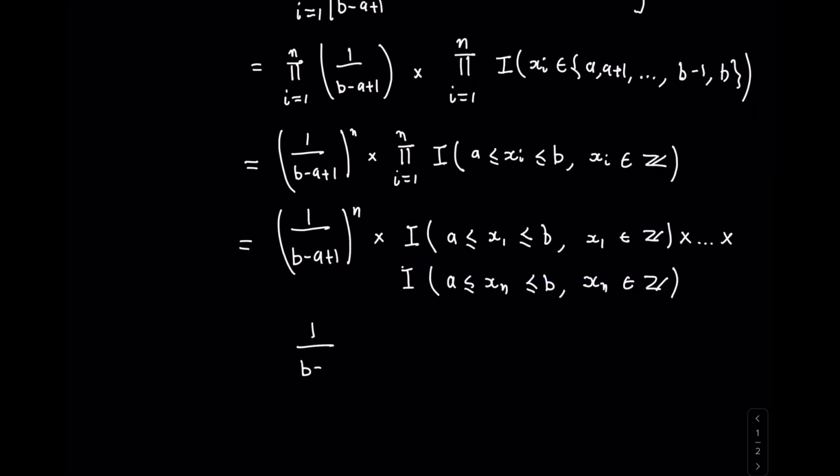So we've still got 1 over b minus a plus 1 to the power of n out the front. But now we've got an indicator function which says x1 has to be greater than or equal to a and less than or equal to b. x2 has to satisfy that property, x3 has to satisfy that property, all the way to xn. Or in other words, we can just write a is less than or equal to x1, x2, dot dot dot, xn, all less than or equal to b.